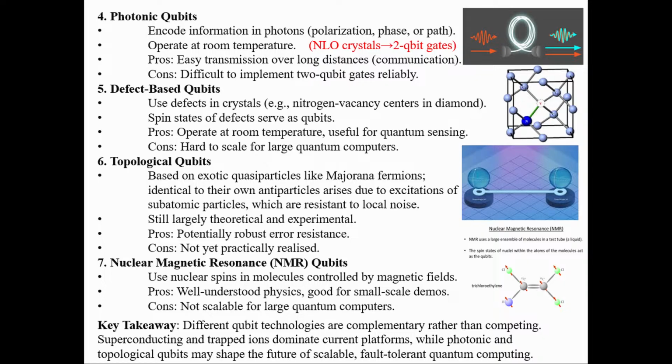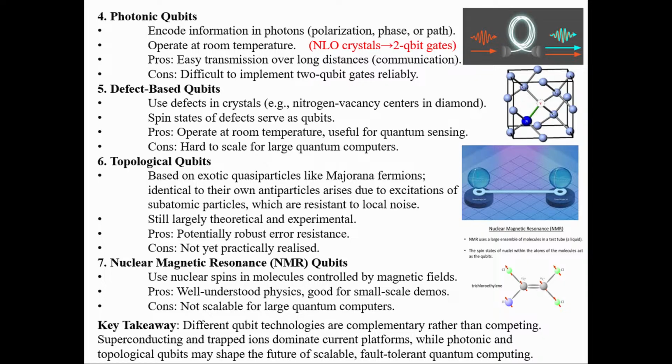And another one is defect based qubits. Actually, in a diamond crystal there are nitrogen vacancies, which generally happen by nature also. These vacancies trap some electrons. This trapped electron can give electron spin up and spin down in a very stable position. So that also can be a very good qubit.